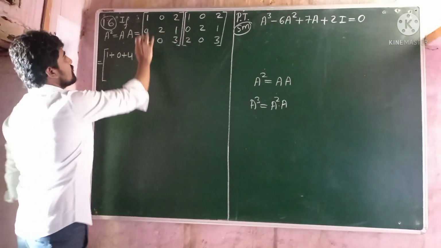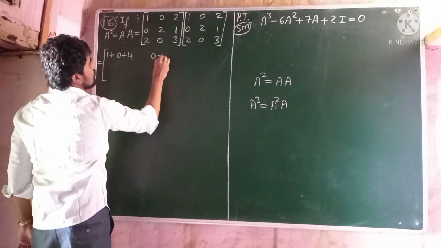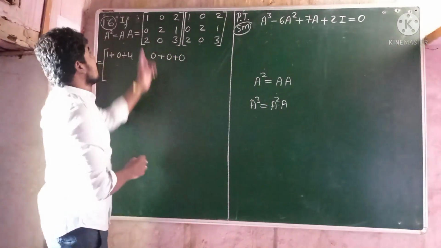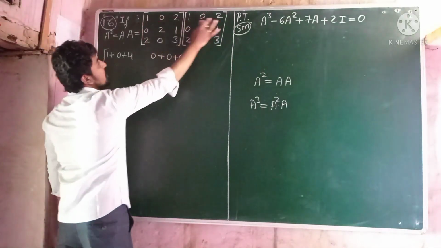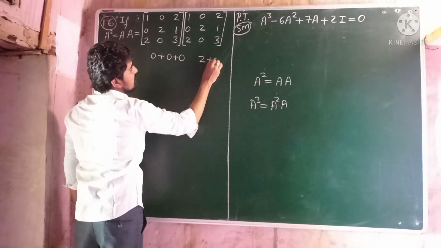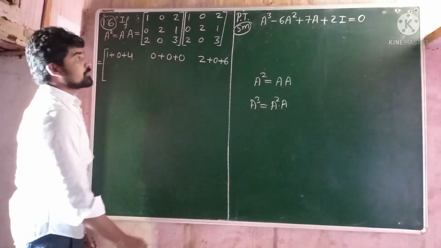First row second column: 1 into 0 is 0, 0 into 2 is 0, 2 into 0 is 0. First row third column: 1 into 2 is 2, 0 into 1 is 0, 2 into 3 is 6.